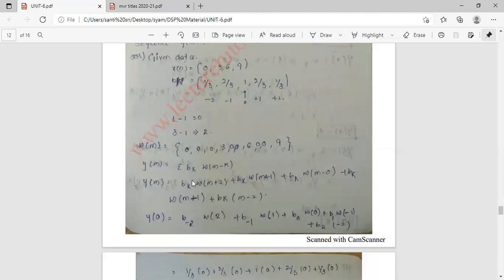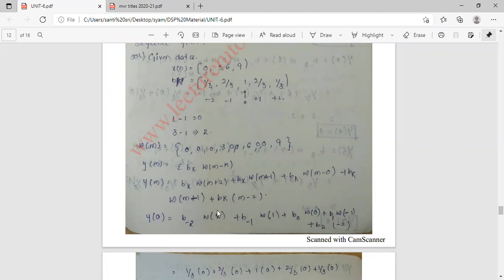So here it is varying from minus 2 to 2, so it is b minus 2 into w of m is 0 for y of 0, 0 plus 2, 2, plus b minus 1 into w of 0 plus 1, 1, b0 into w of 0 minus 0, 0, b1 into w of 0 minus 1, minus 1, plus b2 into w of 0 minus 2, that is minus 2. So we'll calculate these values.